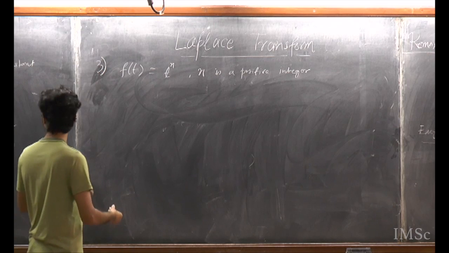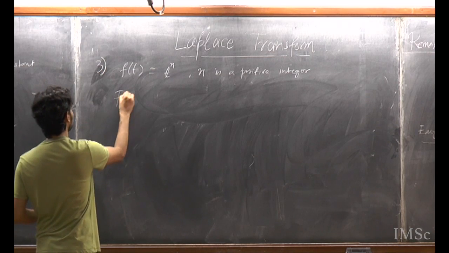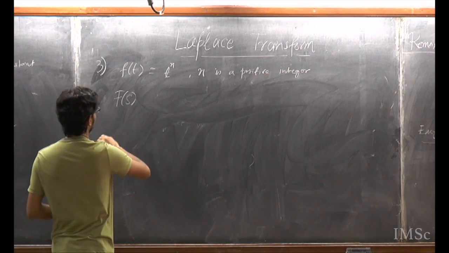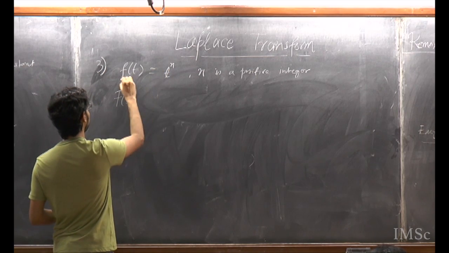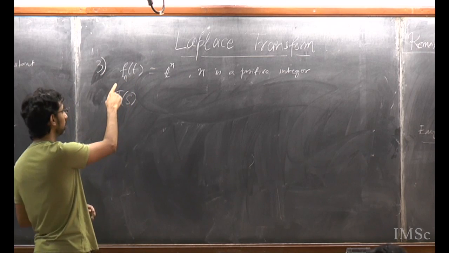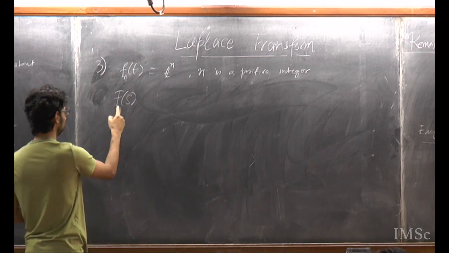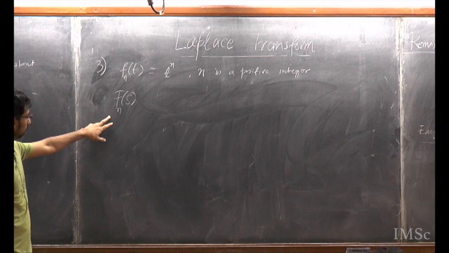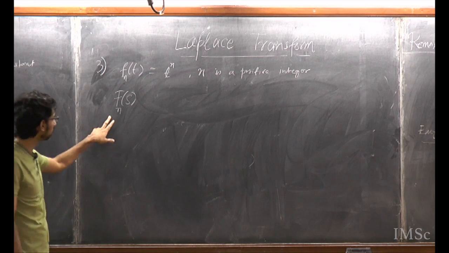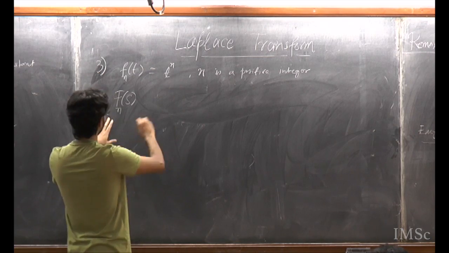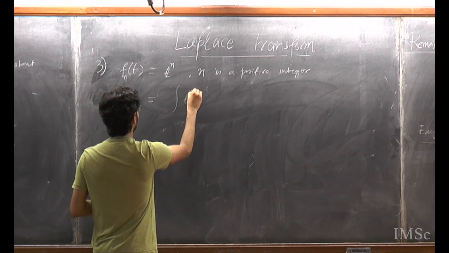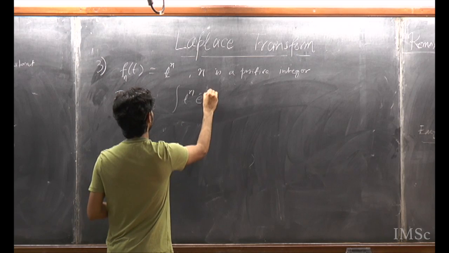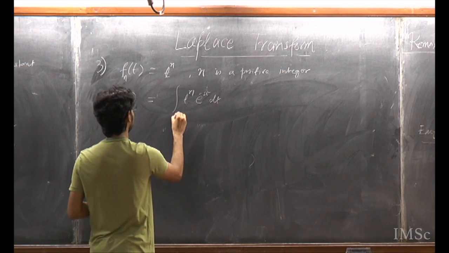Let's try to compute F(s). Because this depends on n, let me put a subscript n here. So the Laplace transform will also depend on n. n is fixed. So this is the integral from 0 to infinity of t^n e^(-st) dt.